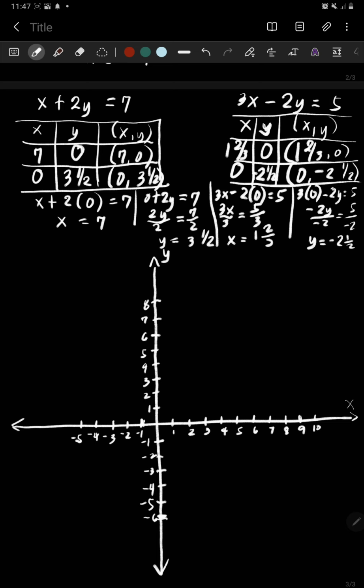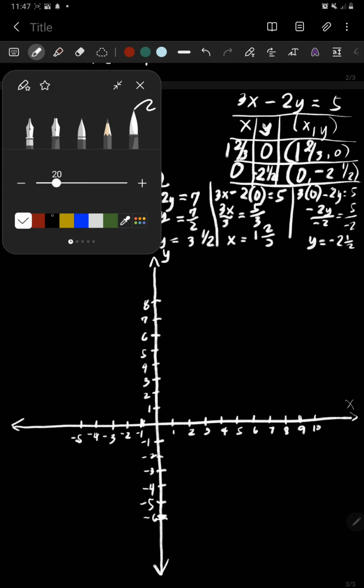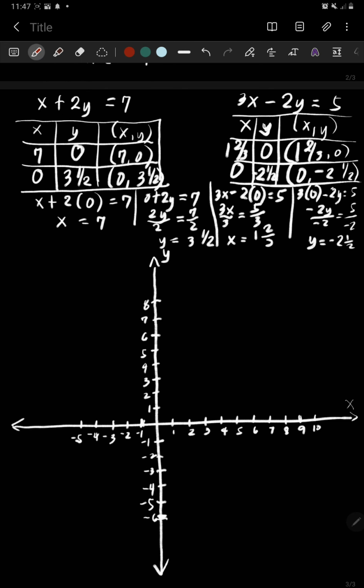Okay, let's graph. We start with x plus 2y equals 7. So 7, 0. So here 7, 0. Next is 0, 3.5, along the y-axis. So it's between 3 and 4. So here 0, 3.5.